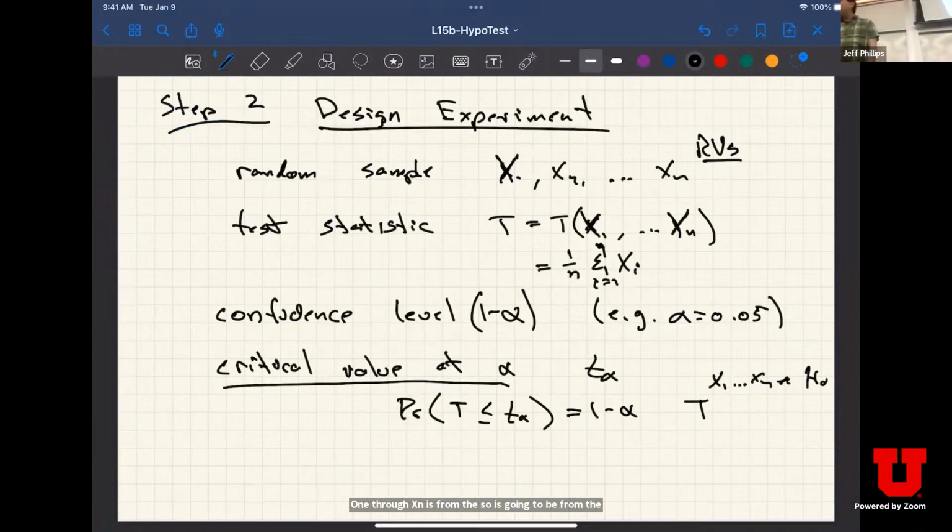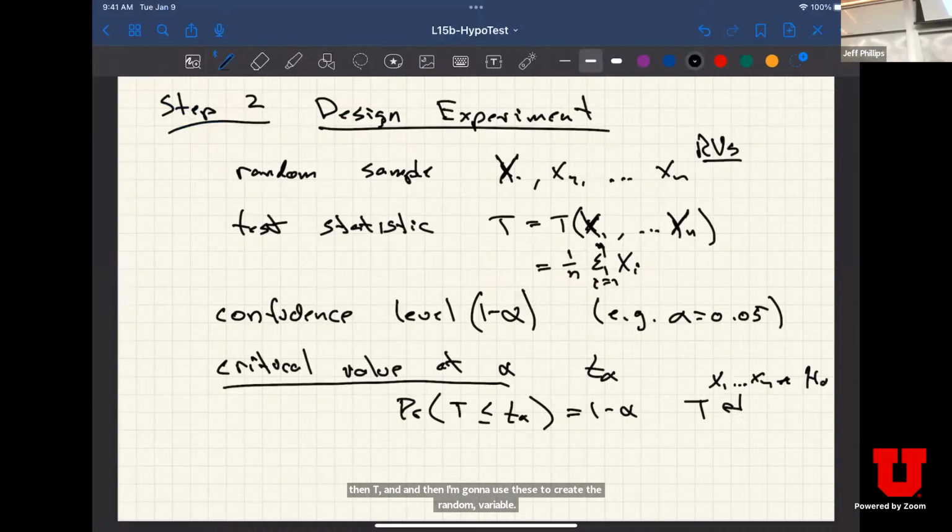Then I'm going to use these to create the random variable T. So T will be the random variable describing the test statistic, and then I'm going to create a critical value, right?